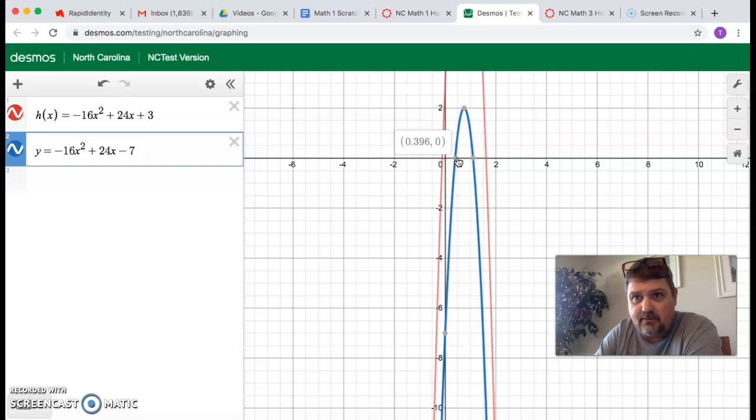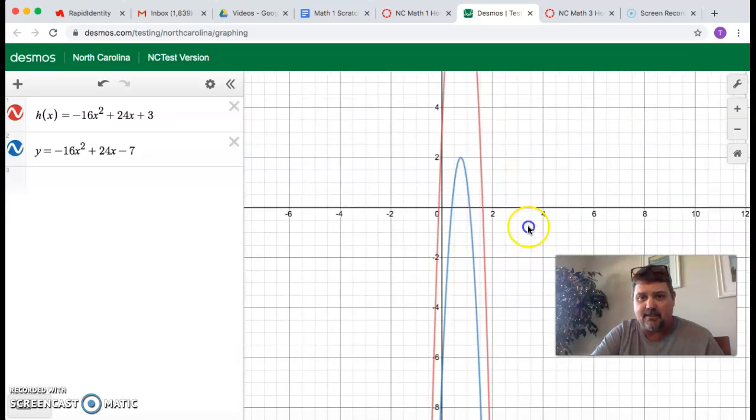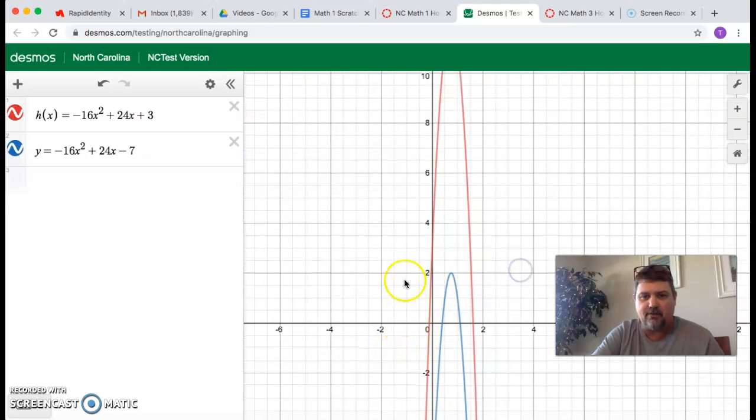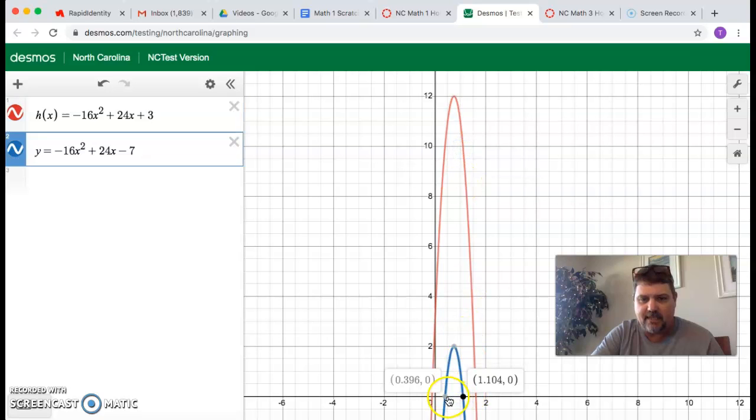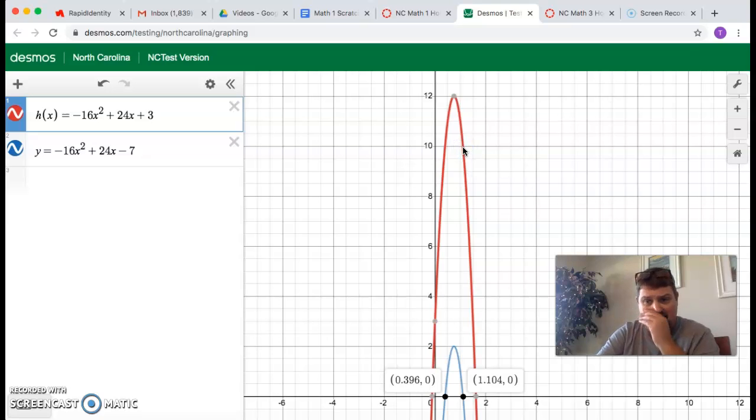It's 10 feet above the ground at 0.39 seconds, and it's 10 feet above the ground at 1.1 seconds. Well, does it make sense? Yeah, I think it does, because the ball goes up and reaches 10 feet. You could see it right here too. There's that number, there's that number. So that wouldn't be a bad way to approximate this, but this is exact down here, or not exact, but pretty close. You can see up here that's when this is happening, so you could have got it from there too. Anyway, that's the answer to that question.